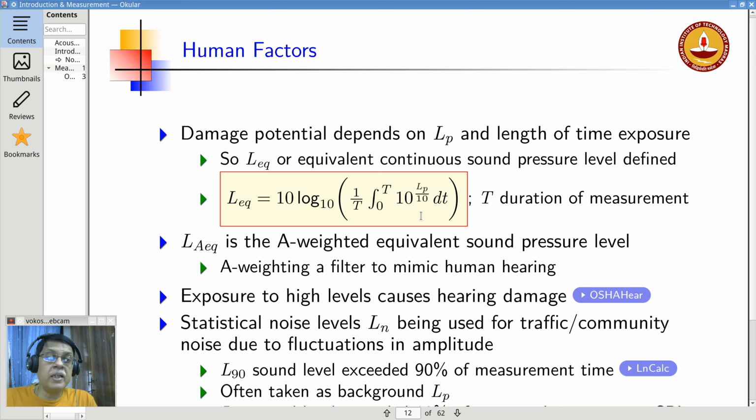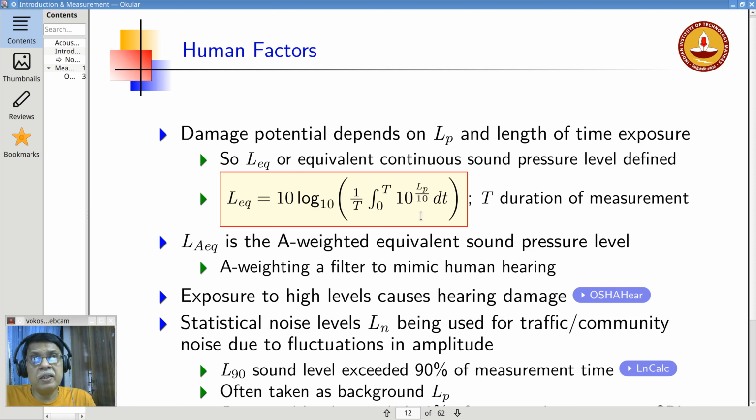And then of course we now take a 10 log base 10 instead of a 20, because it's already got a square in the integral. So this level is the equivalent sound pressure level. What is A-weighting? We will see shortly. A-weighting is basically a filter. The human hearing processes different frequencies.